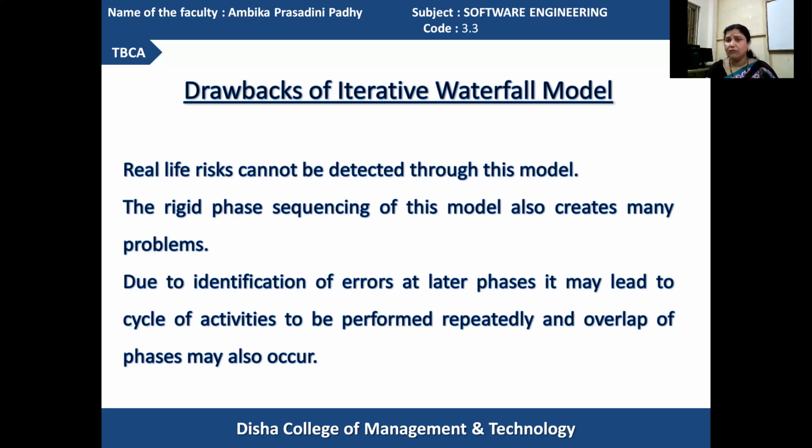In order to solve it, we have to go back to that particular phase and come back again to the respective phase. If it is still not solved, we again go back to the previous stage. In this way, several cycles of activities are performed in which your problem arises. Cycles of activities repeatedly executed means wasting time and wasting effort.